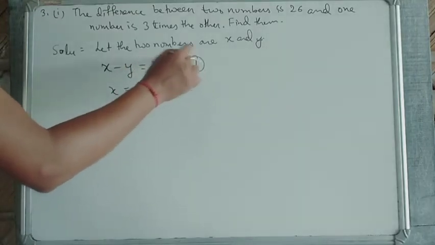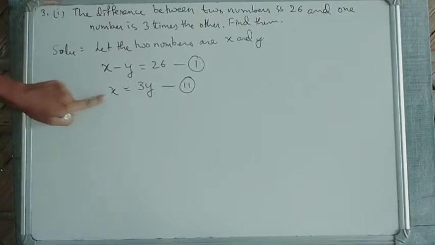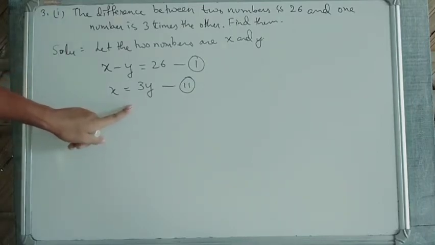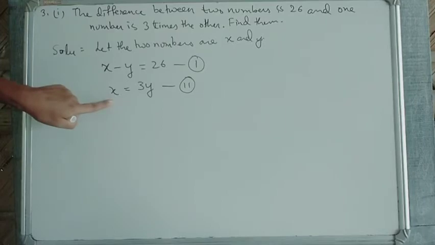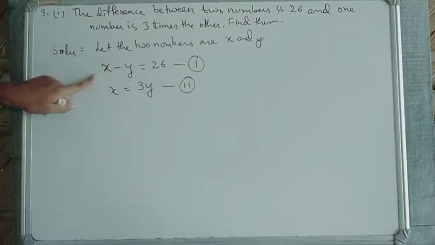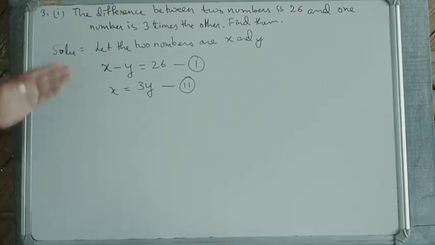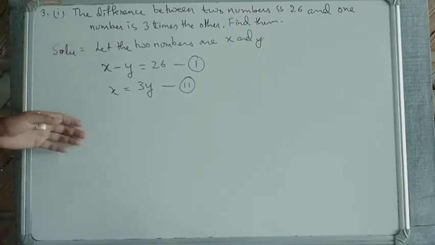So here you have to see a little that the x value is already given. So we will put this x value from equation 2 into equation 1 directly, because the x value is given here. Normally what we used to do in substitution is take out the value of x from equation 1, then put the value of x in the second equation. Is it not?